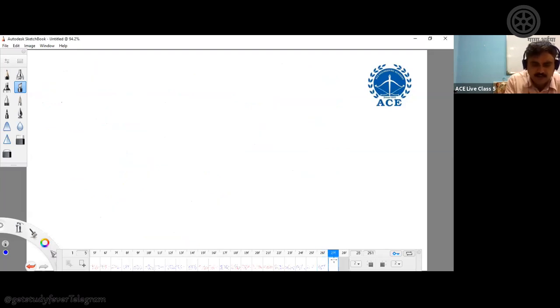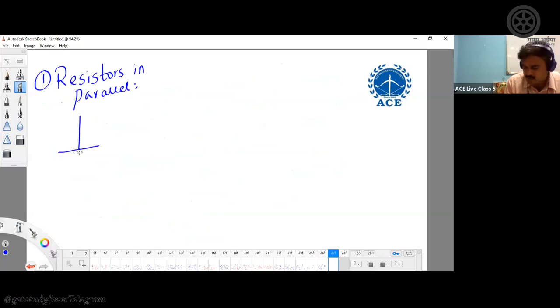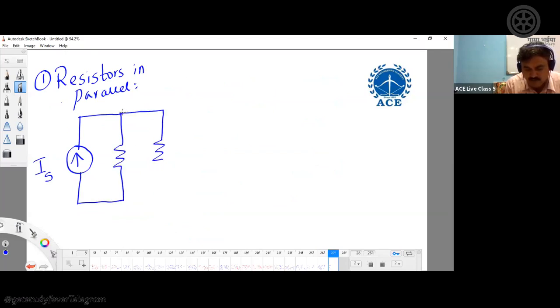Now, if you take resistors in parallel, I can go ahead. When you are dealing with parallel elements, current sources will be considered most of the time, not a condition, but most of the time. I am taking a DC current source, IS. Now, elements are connected in parallel. What is the meaning? These are my two sets of nodes. Between these two nodes, I have my network element. And again, between the same set of nodes, I have one more network element.